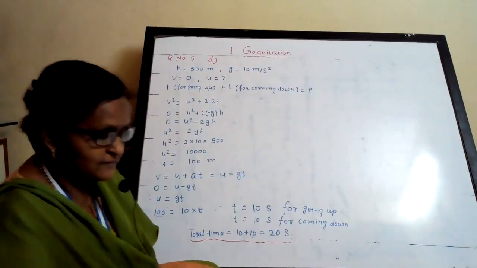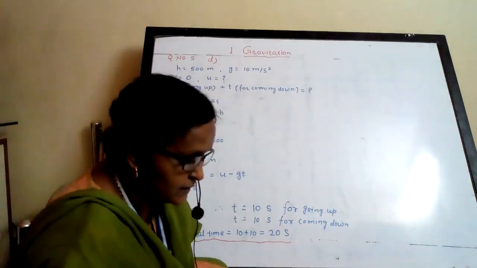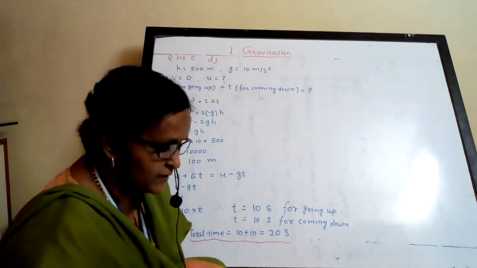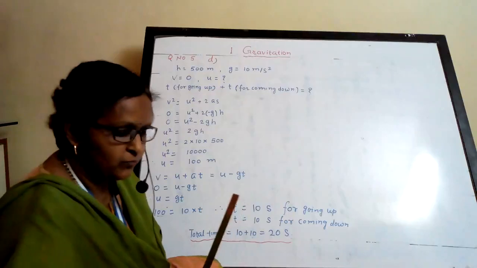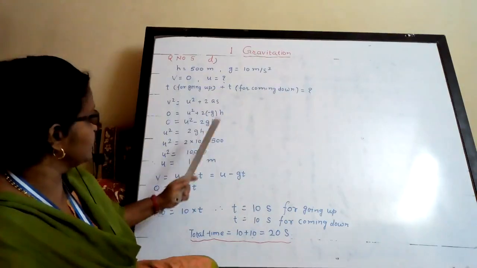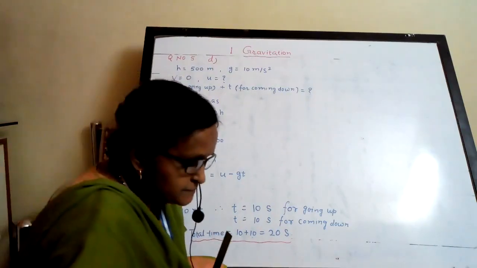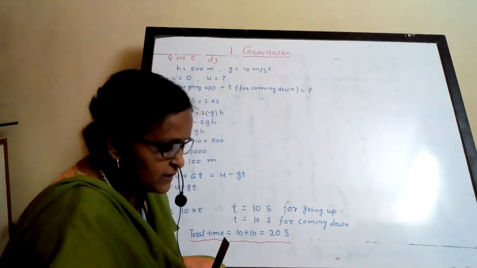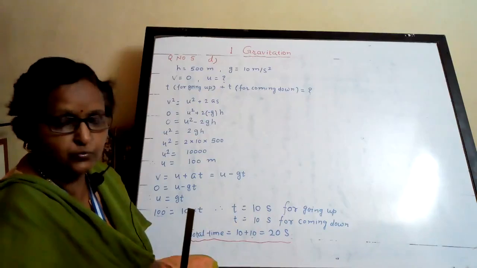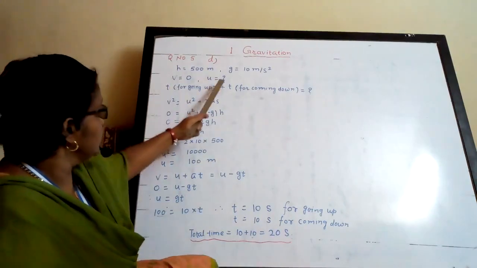Fourth example: an object thrown vertically upwards reaches a height of 500 meter. What is given? Height h is equal to 500 meter. What was its initial velocity, means u? You have to calculate what is u.